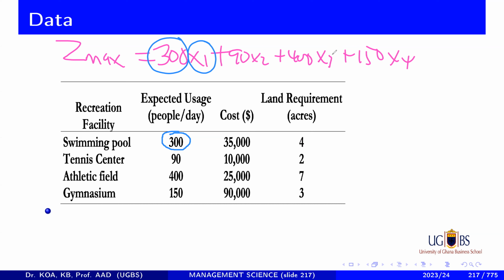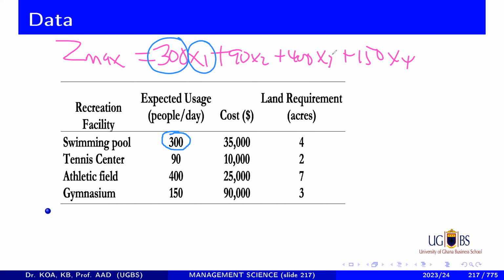Okay, so the expected is our projections, but the actual is the exact number of people who would use the swimming pool, whether it is constructed.